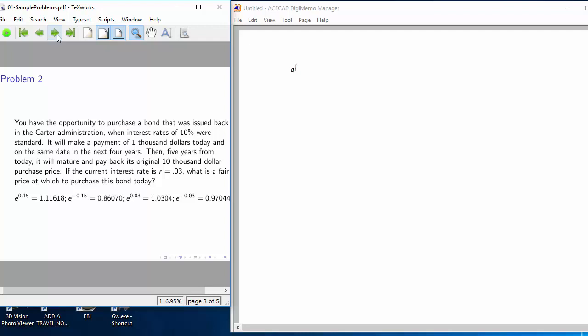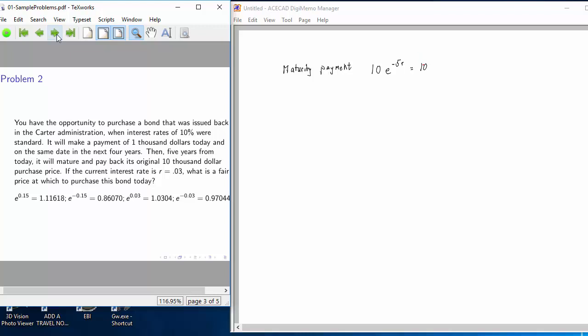So first, let's think about the maturity payment and how much that is worth today. Well, you're going to get $10,000, but $10,000 5 years in the future is only worth $10,000 times e to the minus 5 years times the interest rate today.